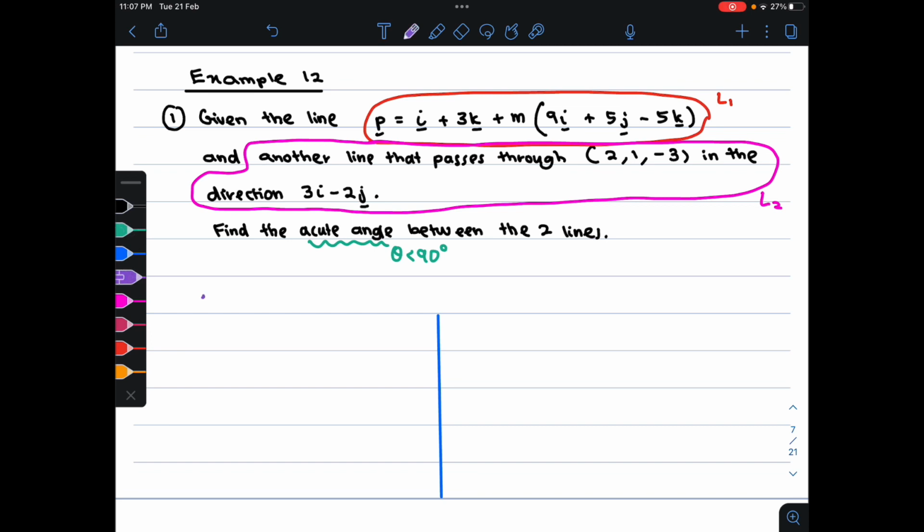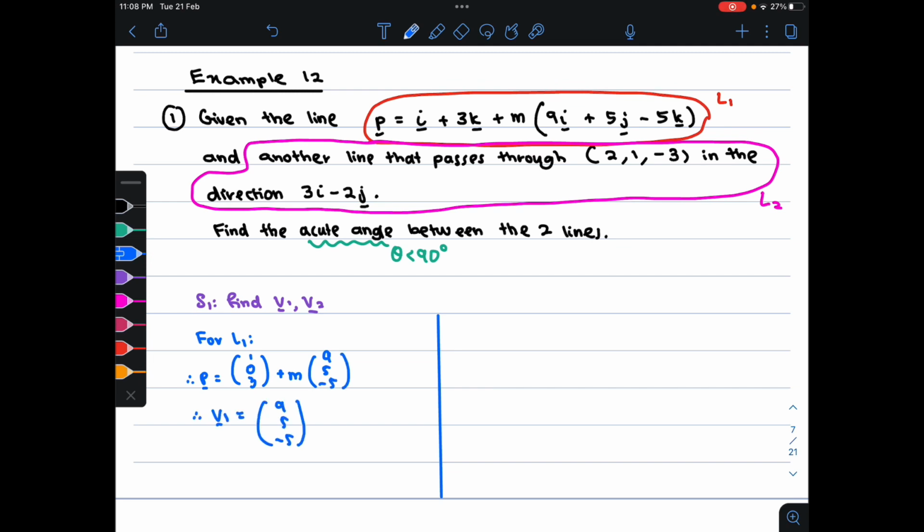So since we have two lines, therefore we need to find two vectors, which are v1 and v2. Don't forget, the direction vector always comes together with the parameter, which is m in this case.